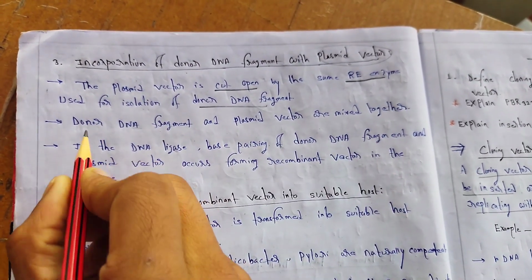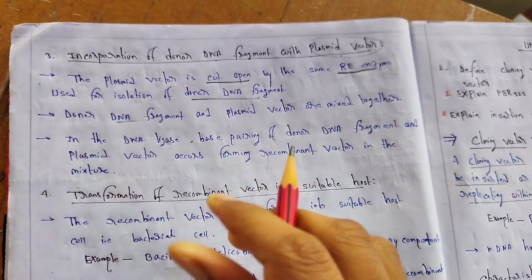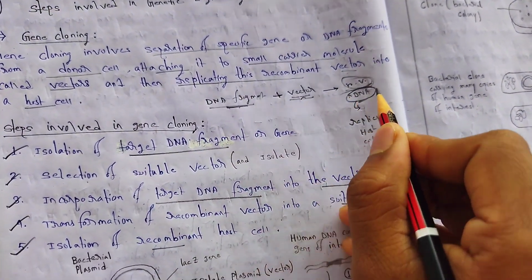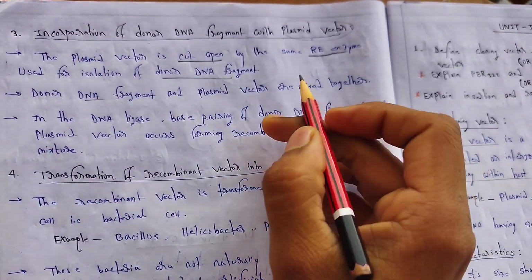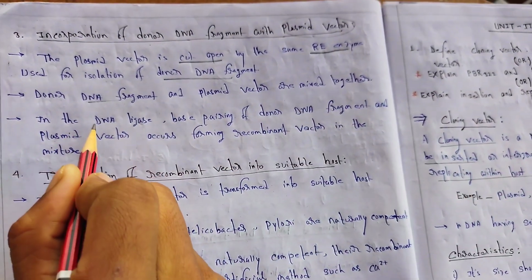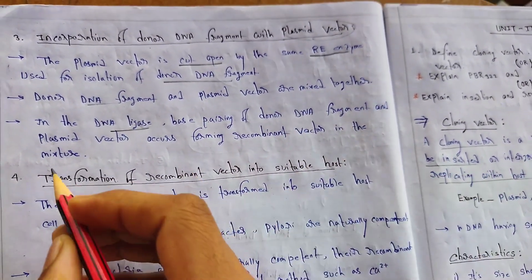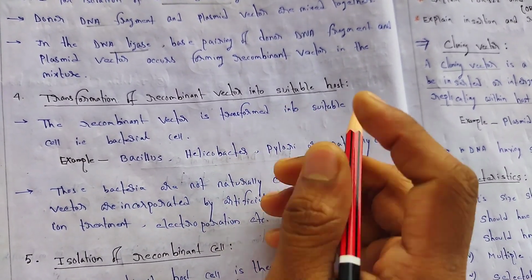The donor DNA fragment and the plasmid vector are mixed for the formation of the recombinant vector, using DNA ligase to join them together.